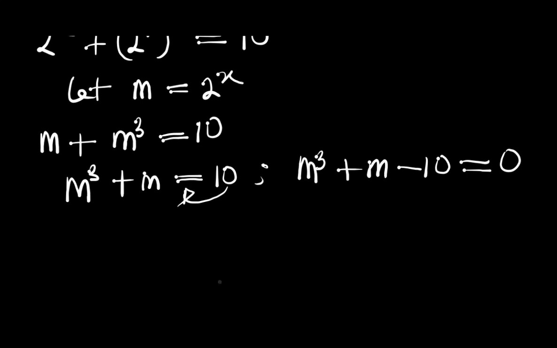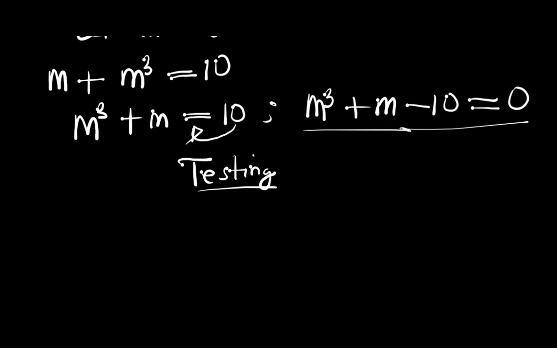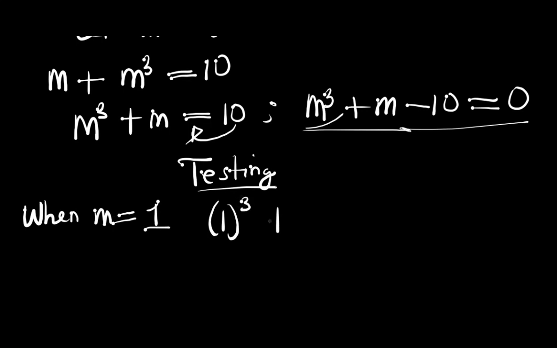Now from here we can actually consider the testing method. We are going to test for the value of m that will satisfy this equation. So we start from when m equals 1. From here we have 1 power 3 plus 1 minus 10.